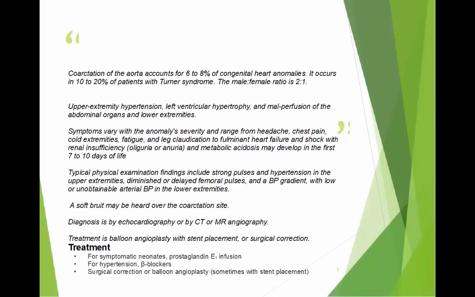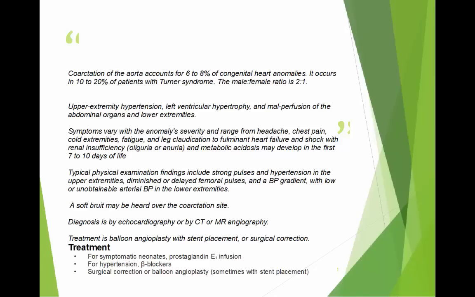Symptoms could include headache, chest pain, fatigue, and claudication during physical activities. This is pathognomonic: upper extremity hypertension with decreased pressure in the lower extremities. Often present are heart failure signs and symptoms.